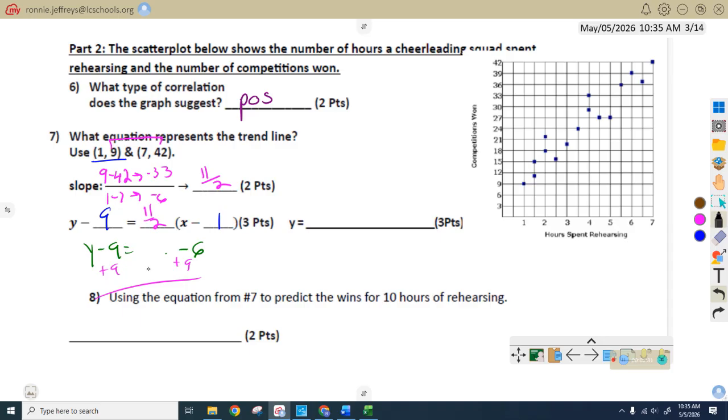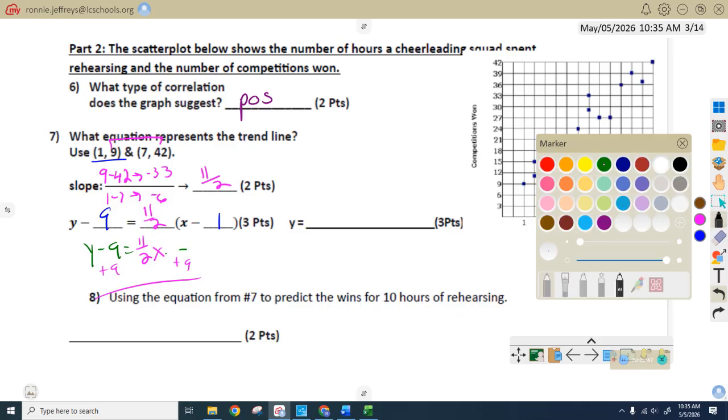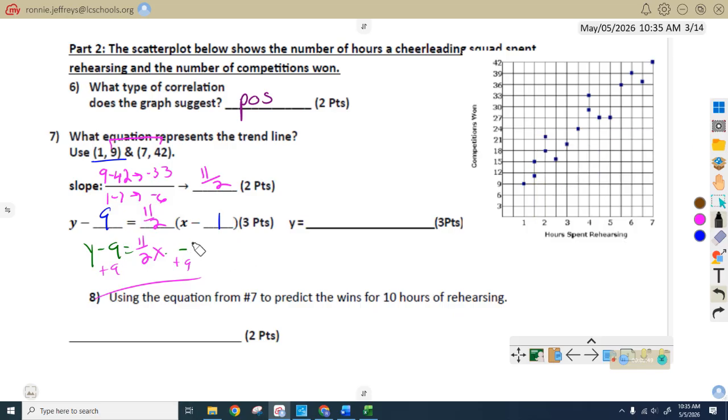Now, I would keep that as a fraction for my slope. Now the rest of it, I would probably change it. So 11 over 2 is what, 10.5? No, 5.5. Alright, so 9 minus 5.5 is 3.5.